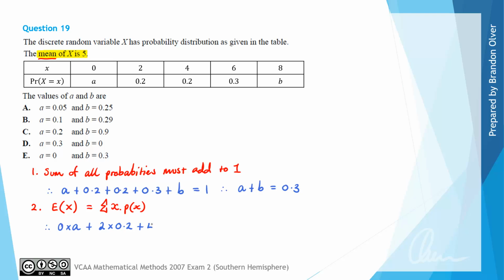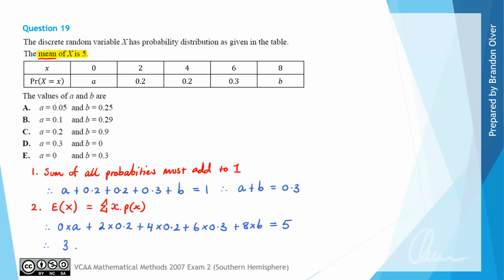So the next one would be plus 4 times 0.2 plus 6 times 0.3 plus 8 times b, and that must equal 5 because that's what's being given in the problem. Then we can simplify this down, or you could just put it in the calculator exactly how it is.